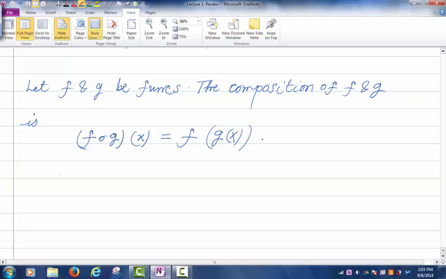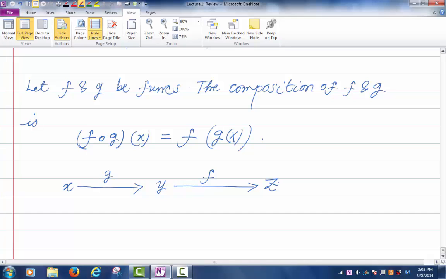So what's happening then is that you start with an x in the domain of g, you apply g to x, you obtain some number y, and then once you obtain y, you apply f to it to obtain some number z, and z will be in the range of f. Right?